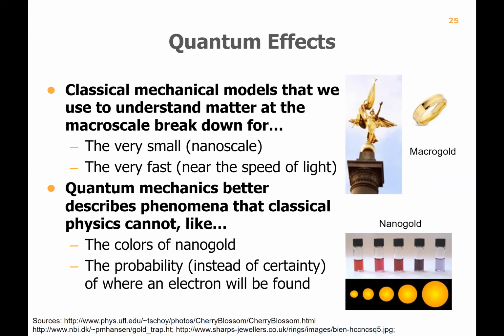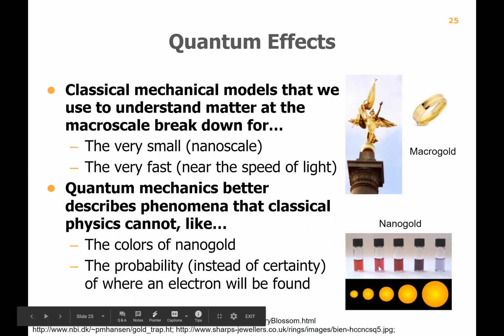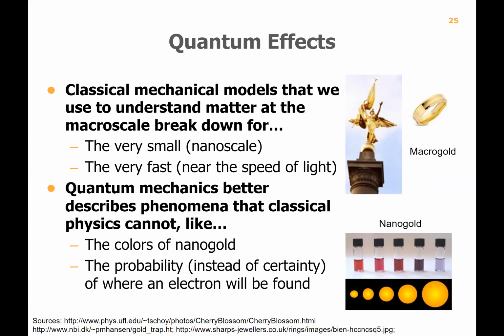So, for example, the color of nano gold. Why isn't nano gold just gold? What makes it not be the gold color that we're all used to? Also, we'll learn in the next project in chemistry the probability of where an electron will be found. That's better explained with quantum mechanics than classical mechanics.